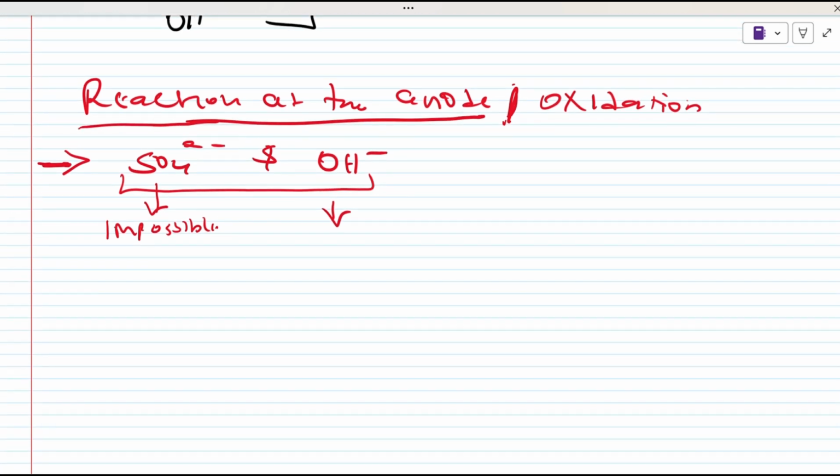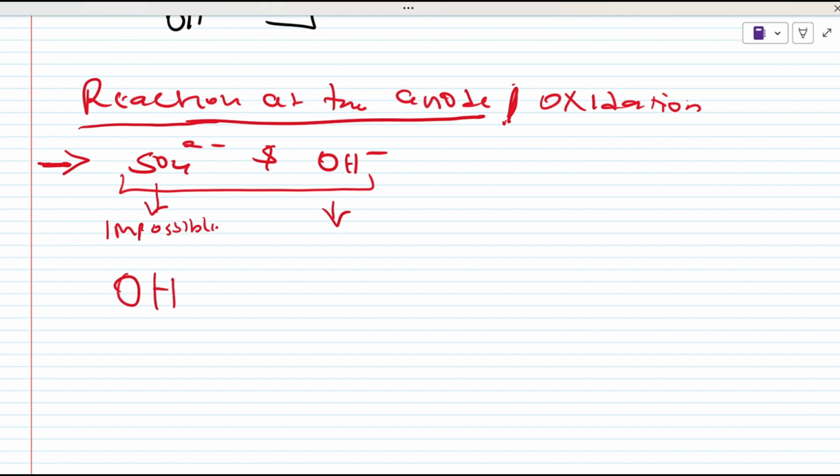So the only option that is remaining is the oxidation of hydroxide ions at the anode. So it is the hydroxide ions that are going to be oxidized to give us electrons that are going to be picked at the cathode. So when electric current flows in the system, sulfate ions and hydroxide ions will move to the anode, and based on preferences and stability, hydroxide ions will be oxidized.